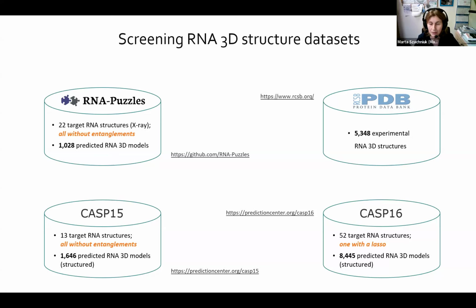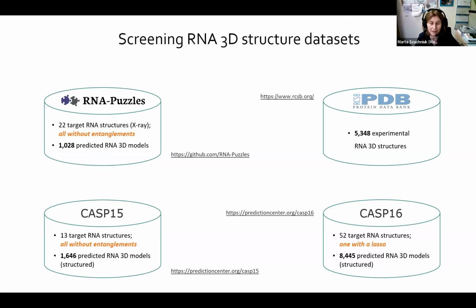Okay, so regarding these four sets, you can see here, in one of them, which is a CASP16 data set, we had the target structure with a lasso. So at least here, we have one target that was entangled, or at least it was supposed to be entangled.